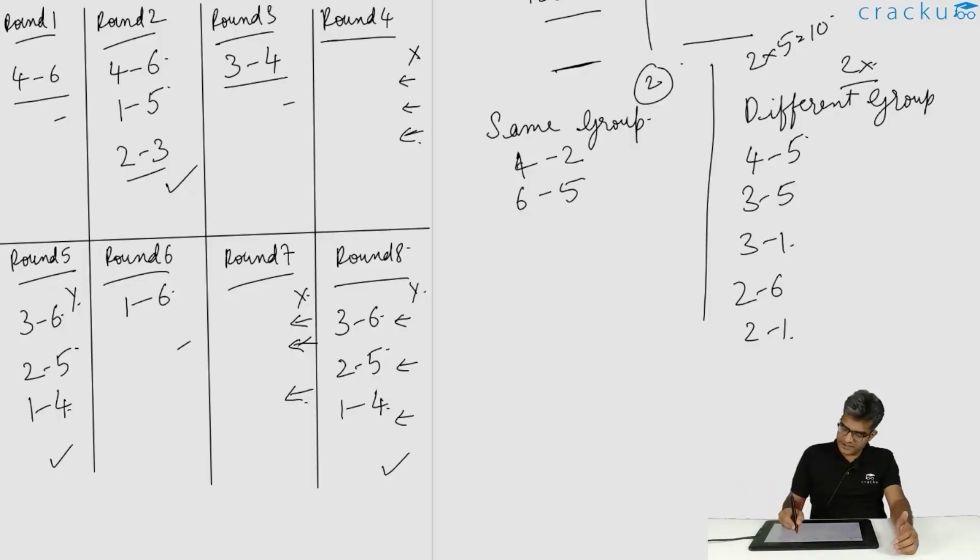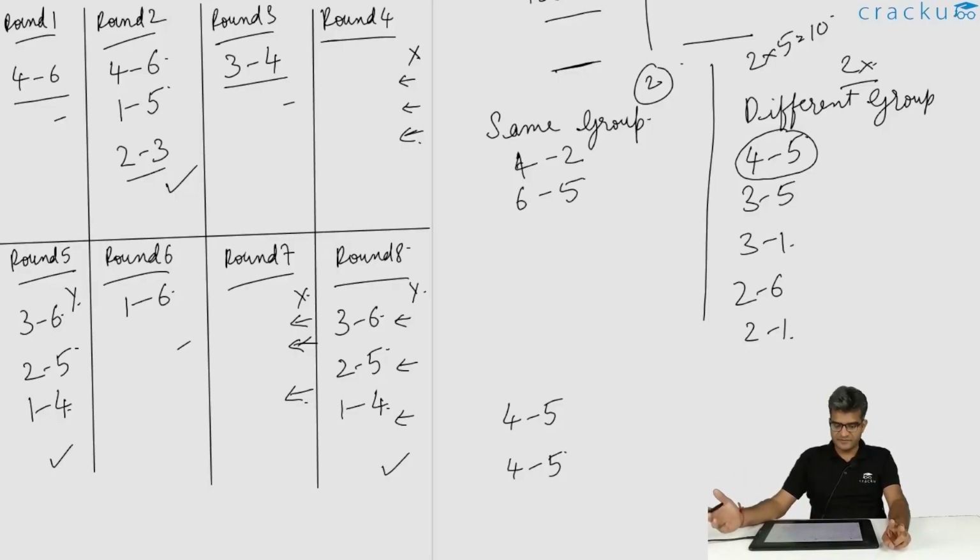Now, if you're looking at the game team 4 versus team 5, this has to be played 2 times. So we have one 4 versus 5 and we have another 4 versus 5. In which rounds can they happen? It cannot happen in round 1 because team 4 already played. It cannot happen in round 3 because again team 4 already played. It has to happen either in round 4 or round 6 or round 7.